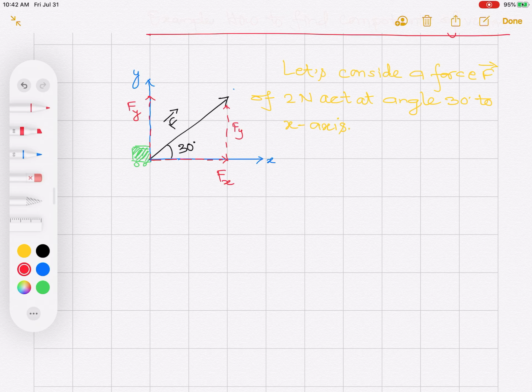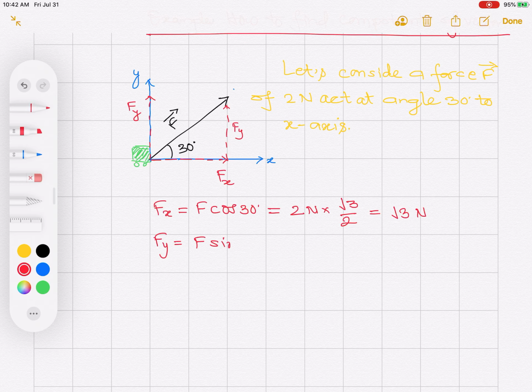As I told in my last video, the x component is associated with the cos, which gives me 2 Newton times cos 30. Value is square root 3 divided by 2. So this is square root 3 Newton. This is the x component, and similarly I can find the y component.